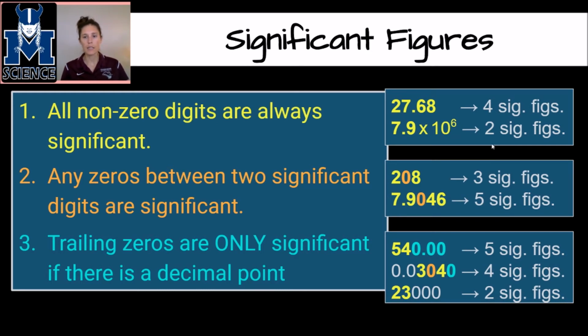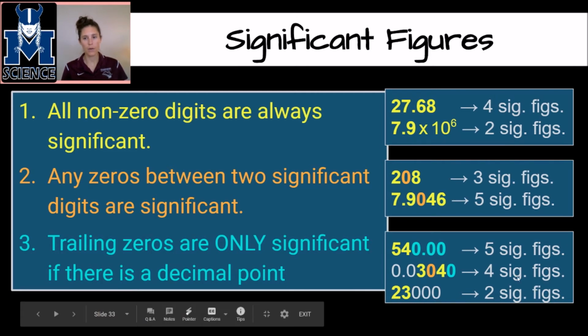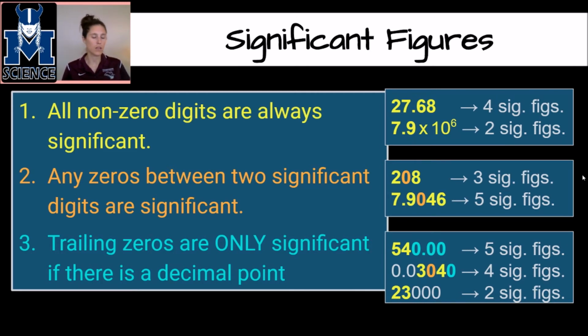Okay, this last number down here is one of those ambiguous numbers that have been poorly reported. If you write 23,000, that number has 2 sig figs, if you write it that way. And maybe that's what you were trying to report, but it's kind of ambiguous. In a number like that, you would probably want to write it in scientific notation to show where the significance ends.